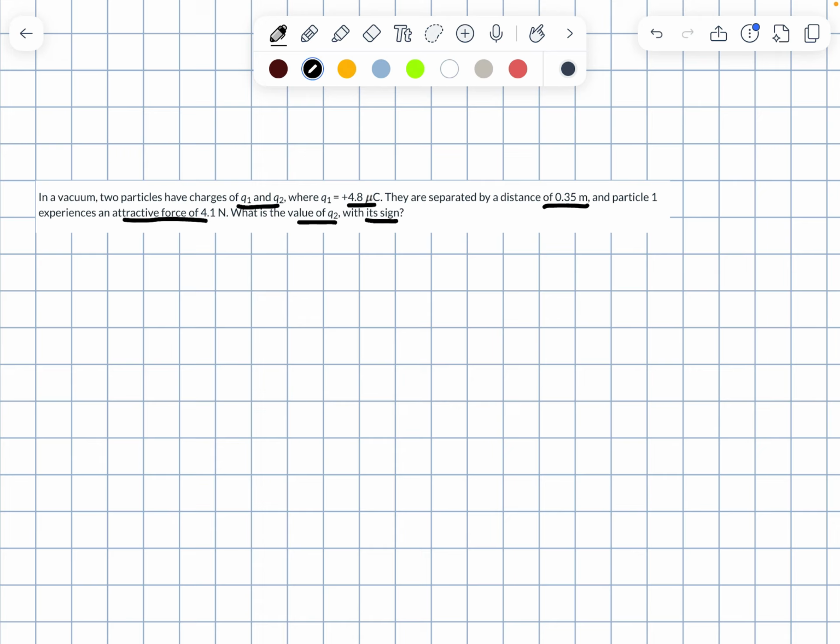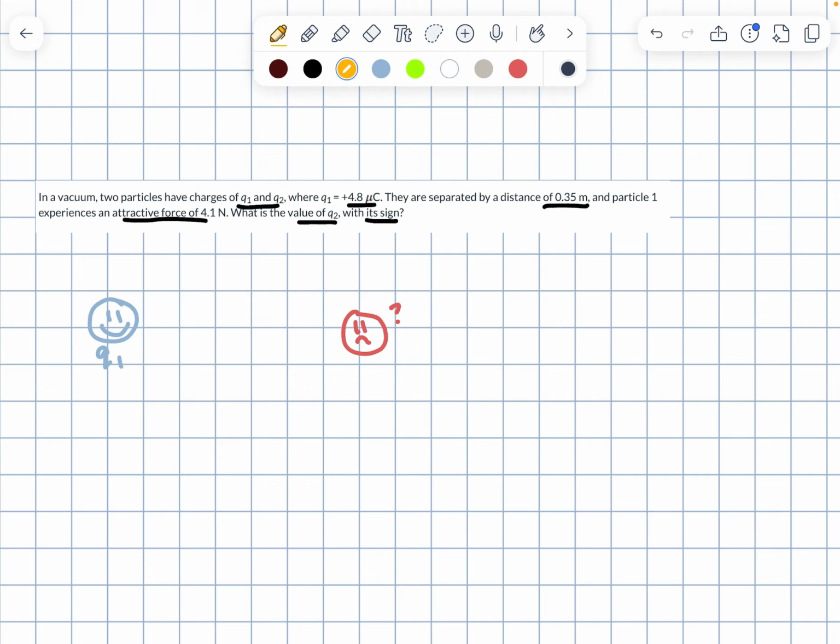All right, so I first want to draw a picture so we can imagine this scenario. And I really like the happy faces that we drew above, so I'm going to mimic that. So we have Q1 is a positive charge. Let me label this as Q1. And then we have our Q2, which we have no idea what the value of Q2 is. So it's mad and it's confused.